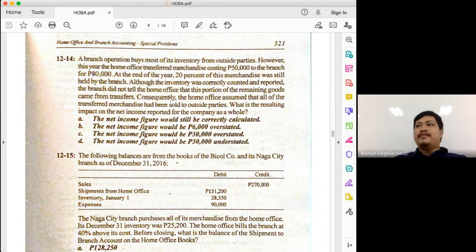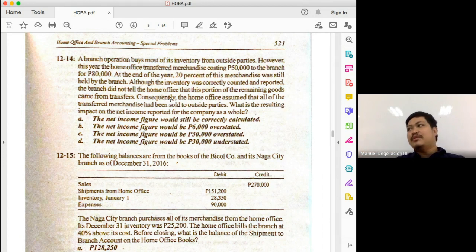The Home Office thought that the entire 30,000 was already realized. But is that the case? No. How much was realized only out of the entire 30,000? 24,000. So the profit of the branch should be adjusted by only 24,000. But what did the Home Office do? It was increased or adjusted by 30,000.